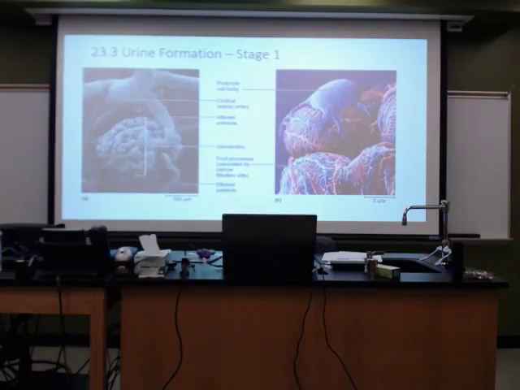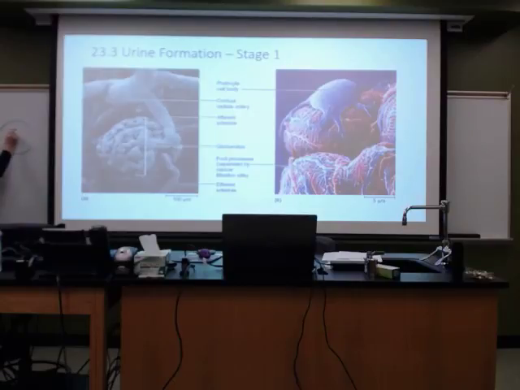So we left off at this point of urine formation at stage 1, and we left off talking about the structure of our glomerulus. One of the things that I want to remind you of is right now, at this point, we are in this glomerular capsule, all right?